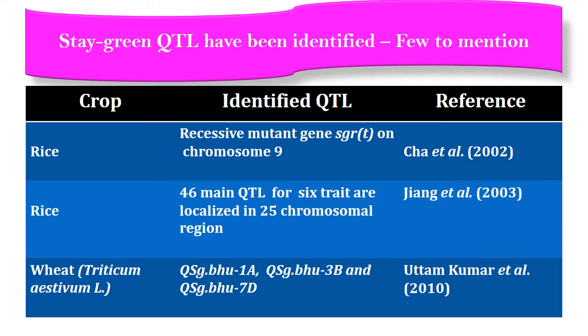In rice, recessive mutant SGRT on chromosome 9. In rice, 46 QTLs for 6 traits are localized in 25 chromosomal regions, and in wheat QSG.BHU1A, QSG.BHU3B and QSG.BHU7D.